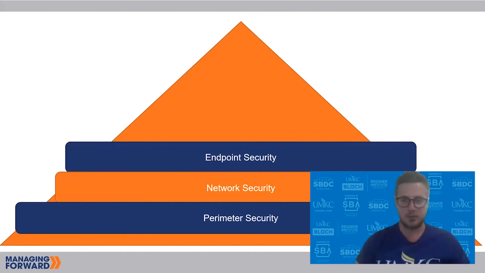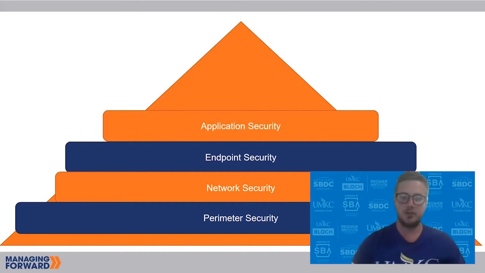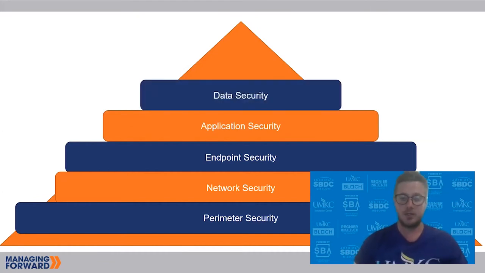From there, you've got your endpoint security measures, application security measures, data security measures, and then at the core of all of these are your critical assets. These are the things you're trying to protect from a cyber attack in the first place. That can be a whole range of different things, and it'll be different for each of you depending on the nature of your business.